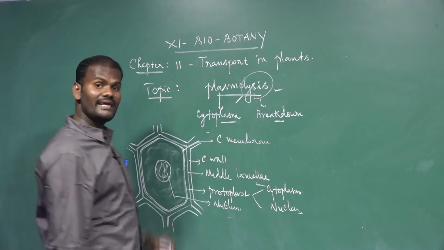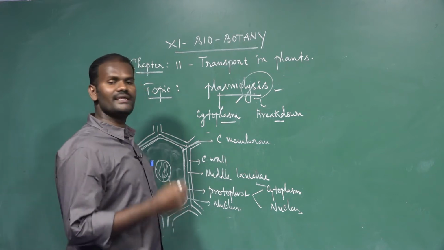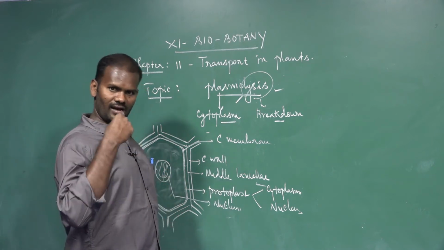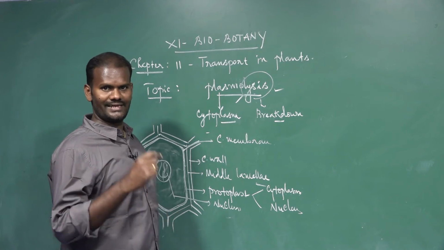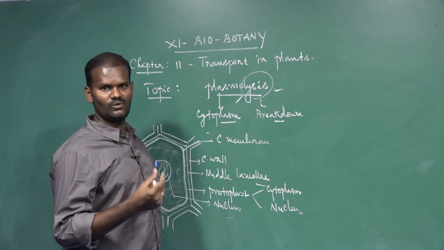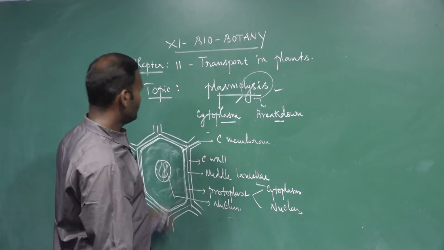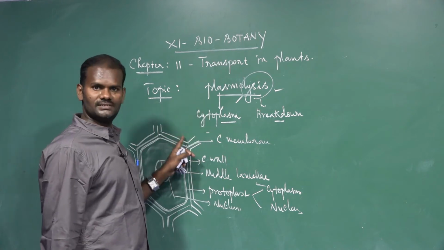Generally, there are three types of plasmolysis. One is incipient plasmolysis, or also called initial plasmolysis. Second one is evident plasmolysis. Third one is final plasmolysis. How does plasmolysis take place in the cells?